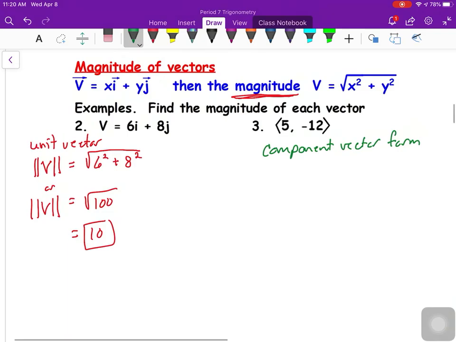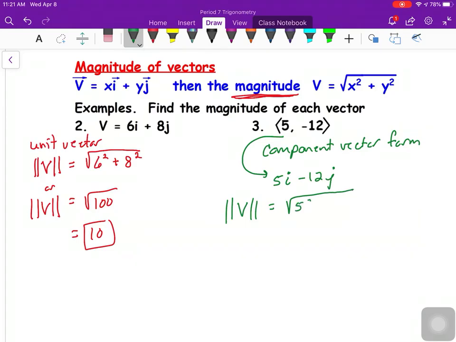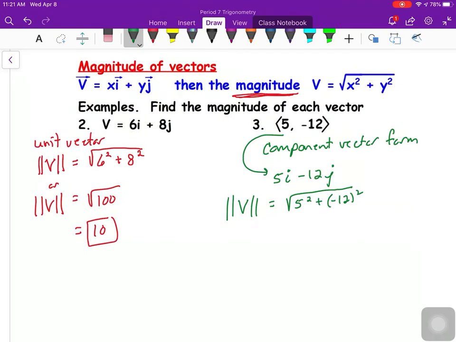Now this second one is written in a slightly different form. This is called component vector form. In the component vector form, the first number is the horizontal, and the second number is the vertical.